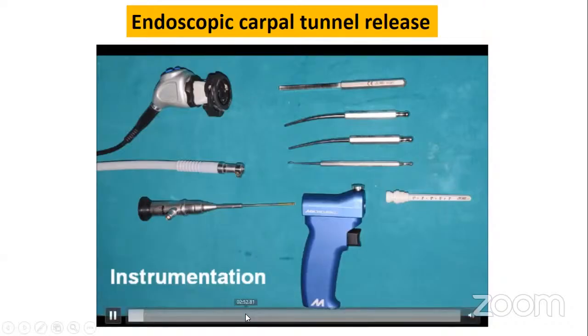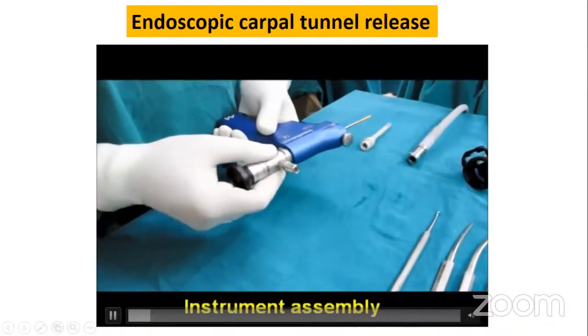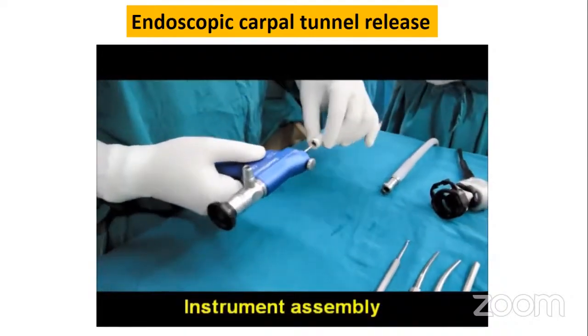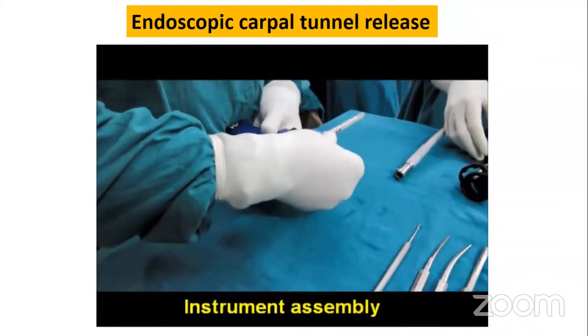So that is a scope there, and the blade goes over the scope. Blade goes over the scope, and then you just tighten that there.